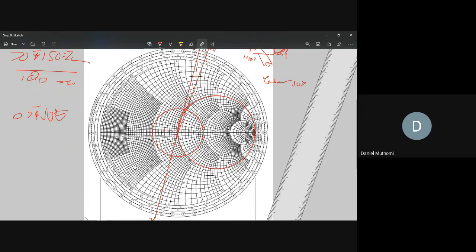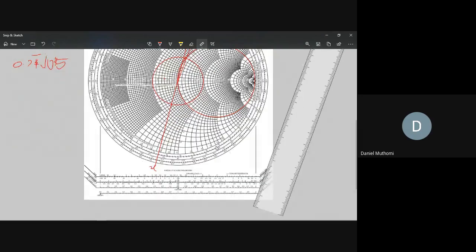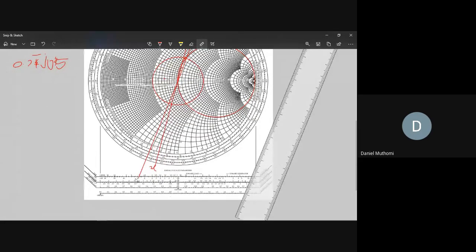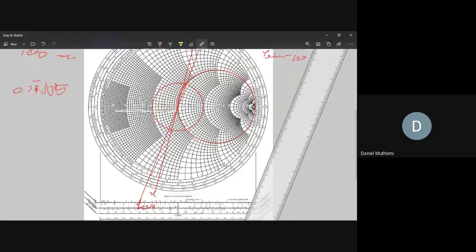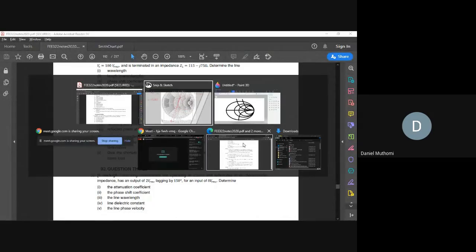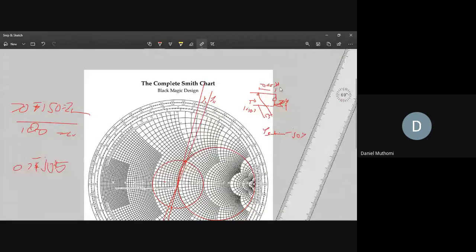Yeah, so here you go, right here. So this is our Y stub. So giving its location, tumepata location 0.007.